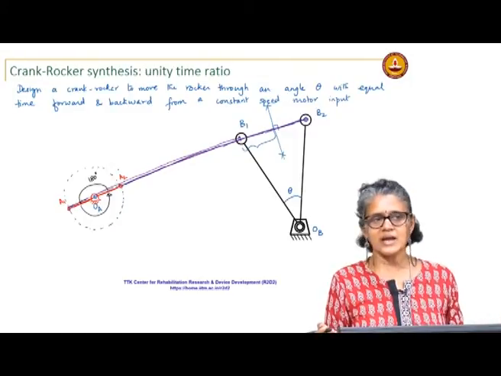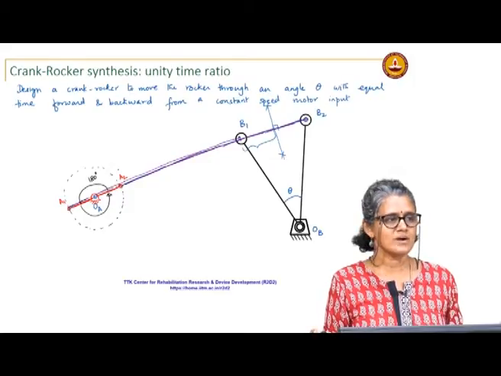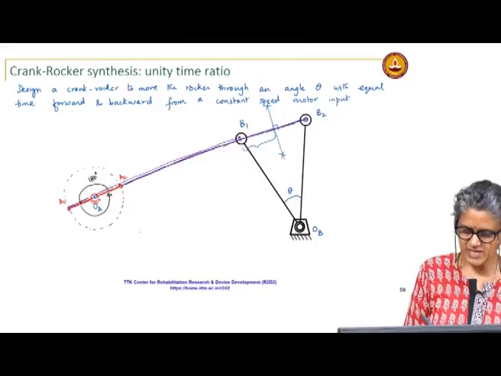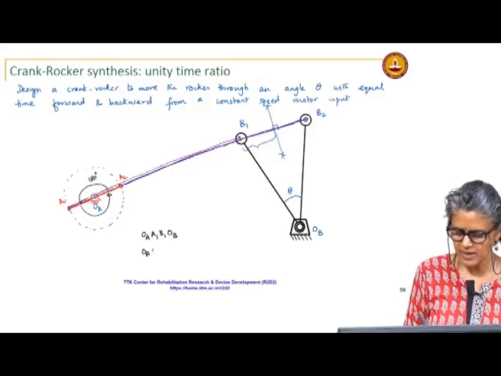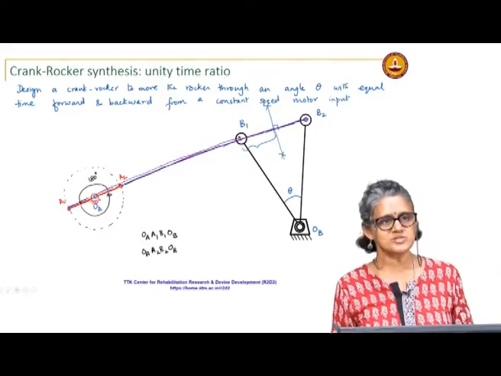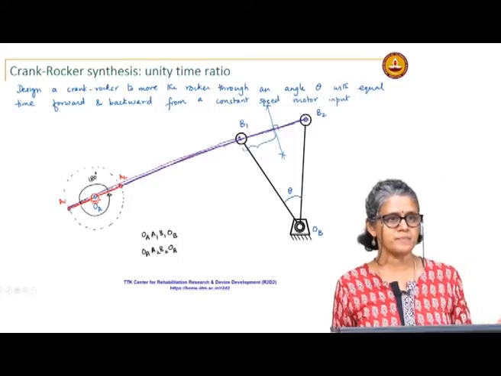How do I know it is a crank rocker? Right now I do not know. I have to check. What do I have to check? So my linkage here is OA A1 B1 OB in one position or OA A2 B2 OB. Those are the two extreme positions. AB will be equal. Why is AB equal?